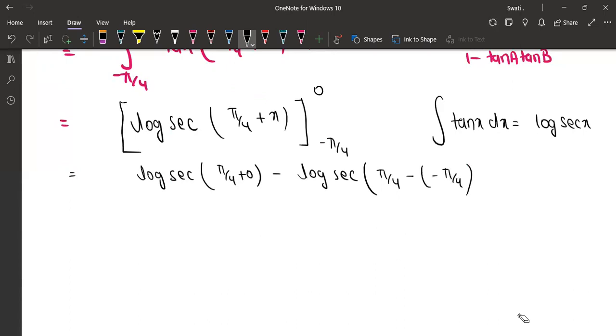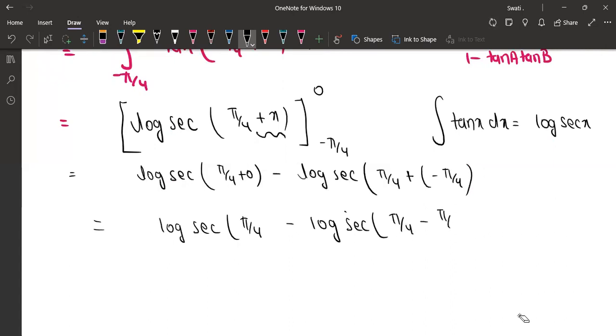One thing I missed here, that is log sec pi by 4 plus x, right? So here it is plus. And log sec of pi by 4 plus into minus is minus, so minus pi by 4.